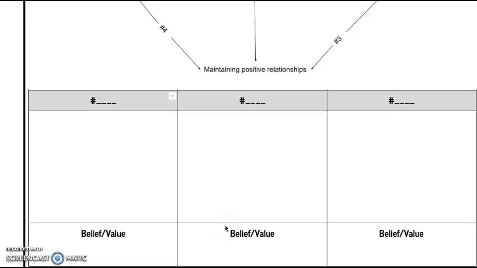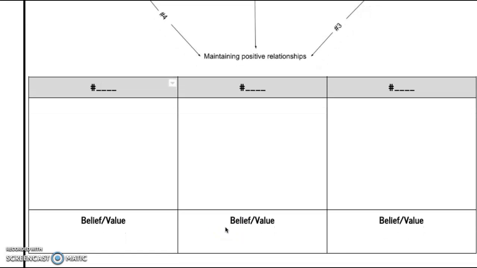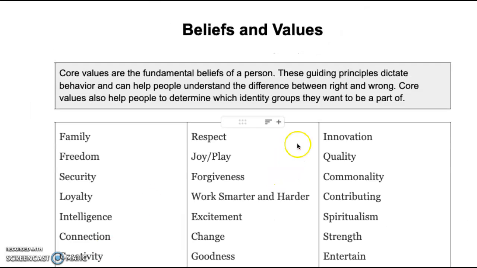The very last bit of this mastery check is to synthesize or to do something with it. So you're going to find a belief or value from the belief value document. The document looks like this. It has a little description at the top that says, core values are the fundamental beliefs of a person. These guiding principles dictate behavior and can help people understand the difference between right and wrong.